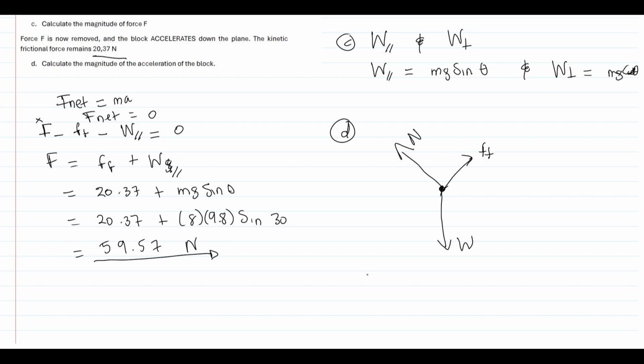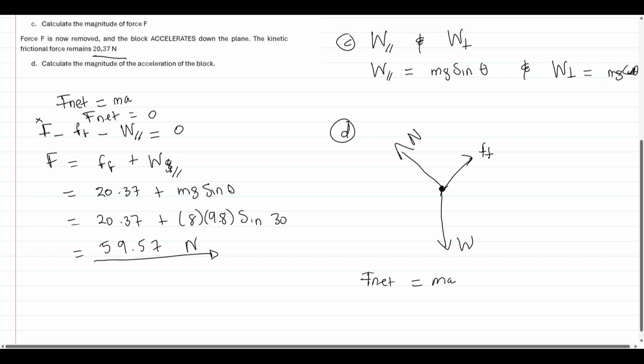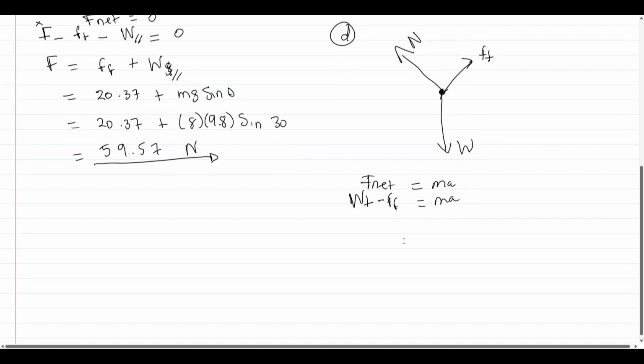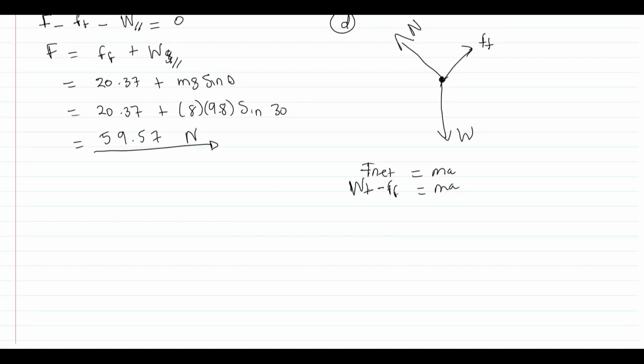We're going to use Newton's second law again, which says F net is equal to ma. In this case, F net is W parallel, not perpendicular, and the frictional force, which acts in the opposite direction, equals ma.